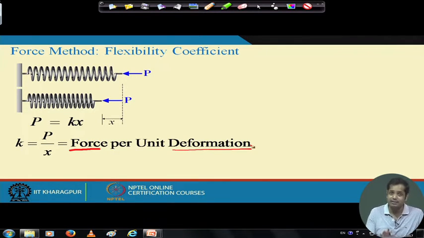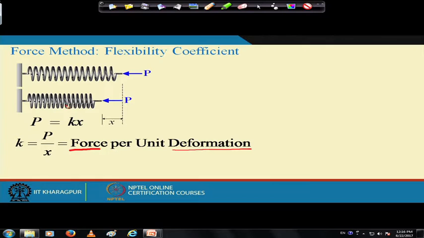In this case, it is very straightforward, because it is just one dimensional, where you have force in one dimension, and in that dimension itself you have the deformation. So for this spring, force is in this direction and the deformation is in this direction, but you can have, we will see shortly, some problems where you are applying force at a point, but your associated deformation you are measuring at different points.